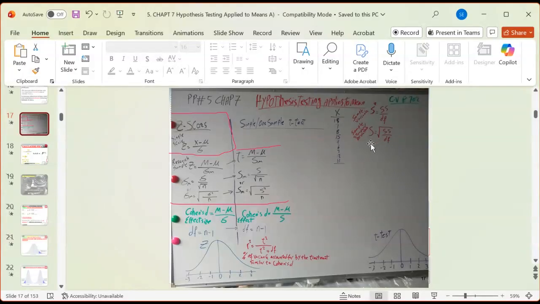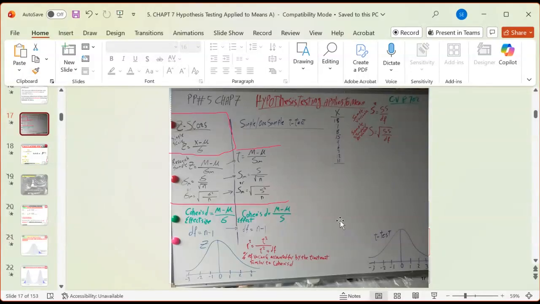So you calculate the S and put it in that formula, or you calculate the variance S squared and put it in the next one, which is the square root of S squared divided by N. N is the sample size. And that gives you the value for the standard error, or estimated standard error.